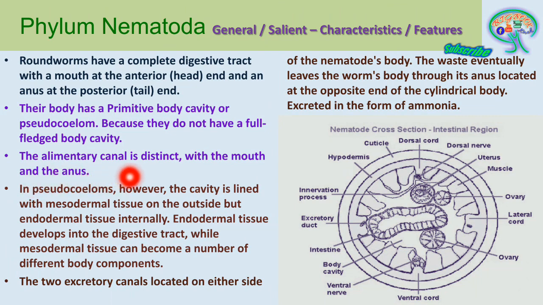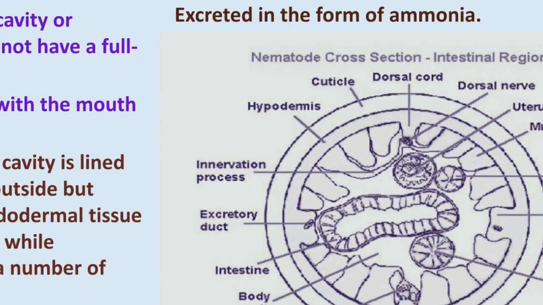The alimentary canal is distinct with the mouth and the anus. Alimentary canal is whatever starts from the mouth till the end at the anus, the excretory pore. Till that it is called the alimentary canal. In pseudocoeloms, however, the cavity is lined with mesodermal tissue on the outside but endodermal tissue internally. Endodermal tissue develops into the digestive tract, while mesodermal tissue can become a number of different body components.